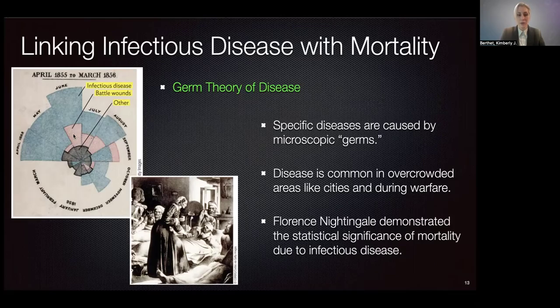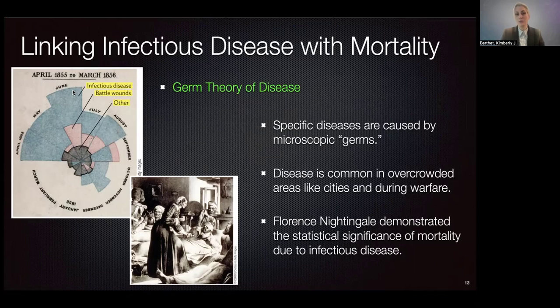In pink, we see the battle wounds that people are succumbing to, and in blue, we see infectious disease. So while the battle wound may have been the portal of entry for the microorganism, what actually led to the fatality was the infectious disease.